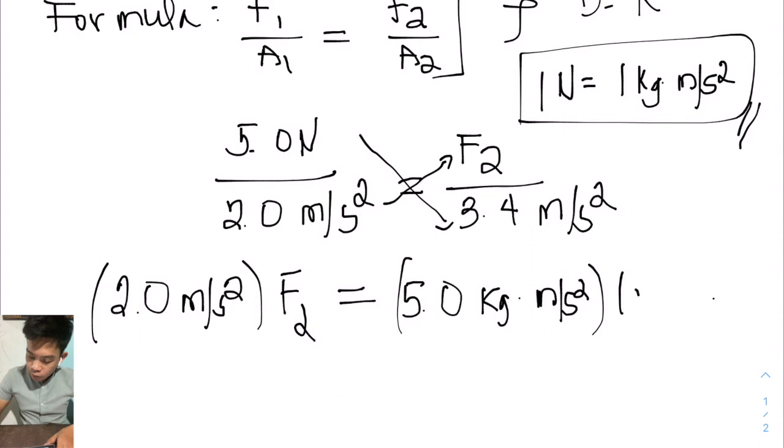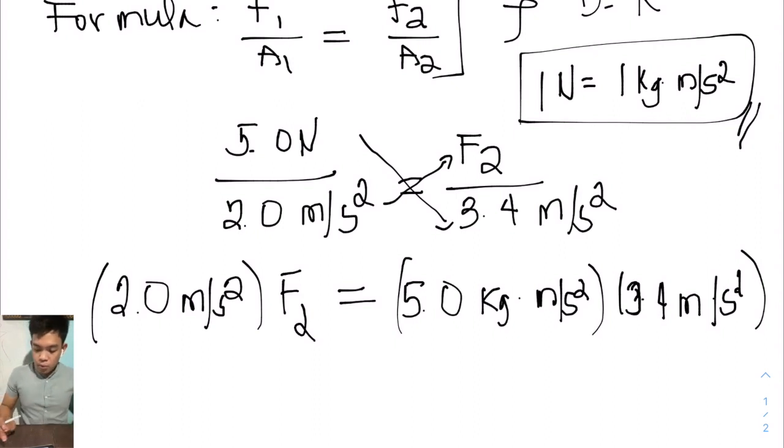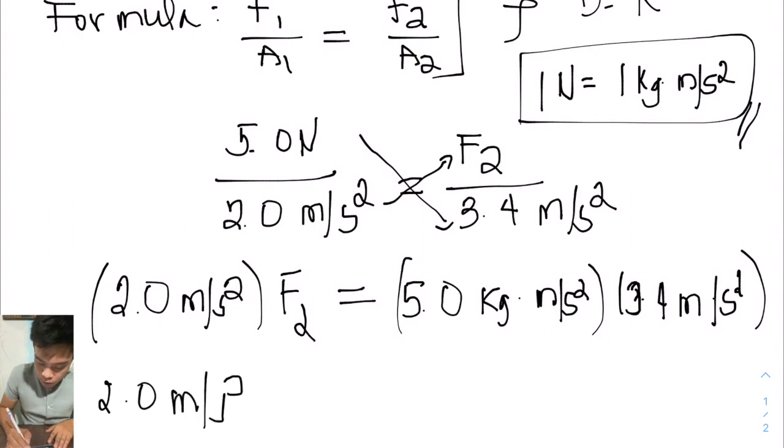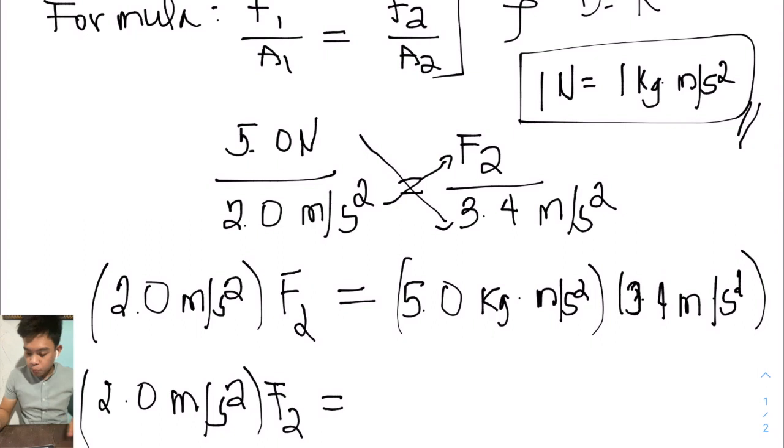Multiply by 3.4 meters per second squared. So 2.0 meters per second squared multiplied by F2 is equal to 5.0 kilograms meter per second squared multiplied by 3.4.